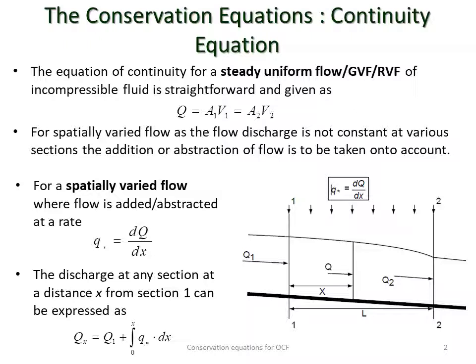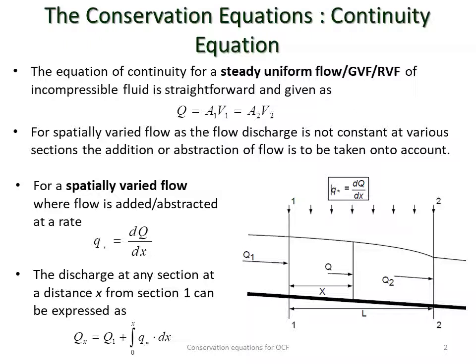For spatially varied flow, however, where the flow discharge is not constant at various sections, and remember that in spatially varied flow the flow becomes non-uniform due to addition or abstraction of some flow from the main flow.